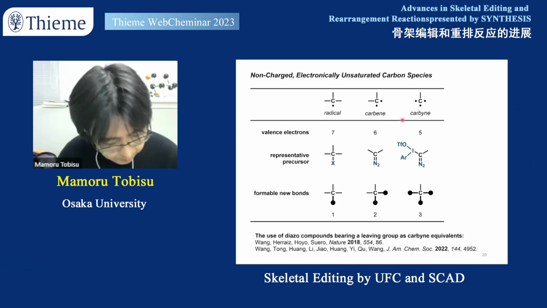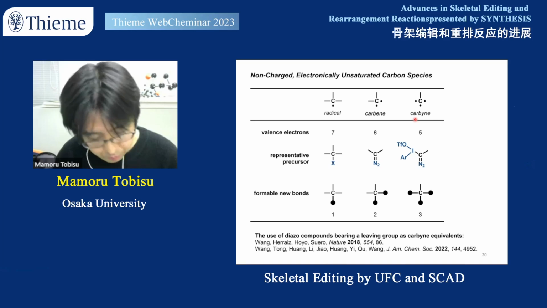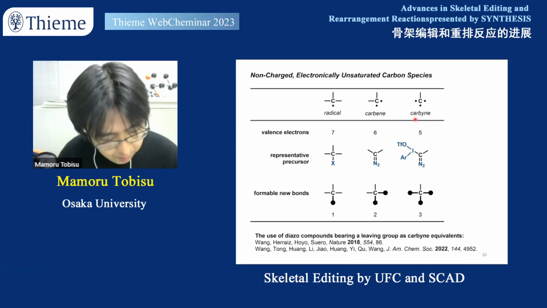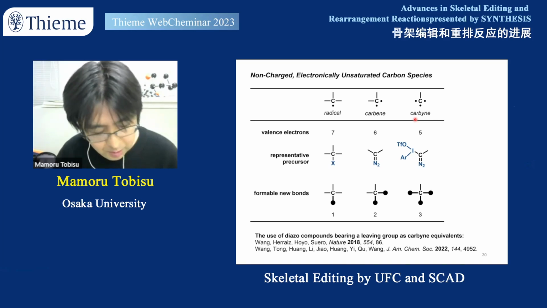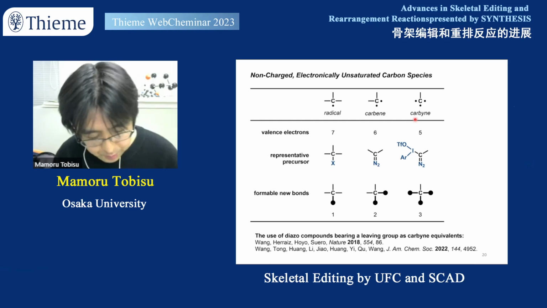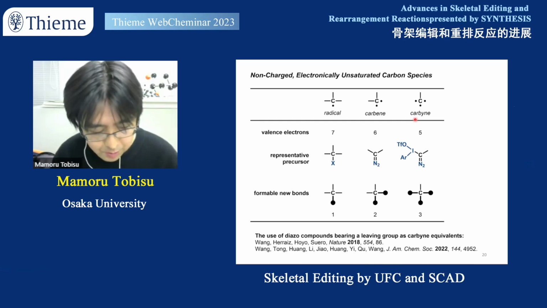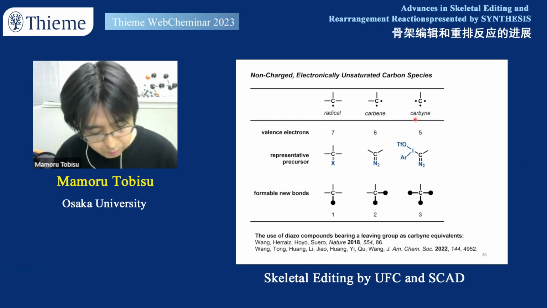Monovalent carbyne is also known, although the synthetic application of this species is much more limited compared with radicals and carbenes. One of the advantages of using these electronically unsaturated carbon species is the number of chemical bonds that can be formed at the carbon center. As the number of electrons decreases, the number of formable bonds increases.